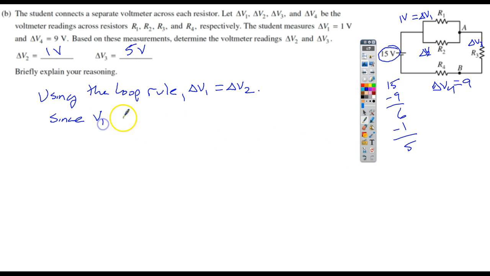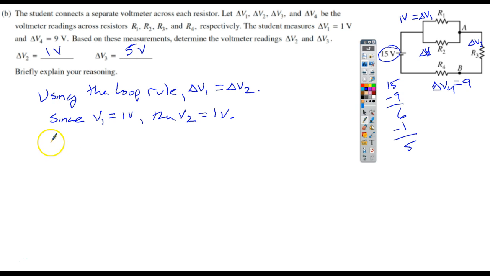Since V1 is equal to 1 volt, then V2 is equal to 1 volt. So here is our point, here's our evidence, and then there is our explanation.